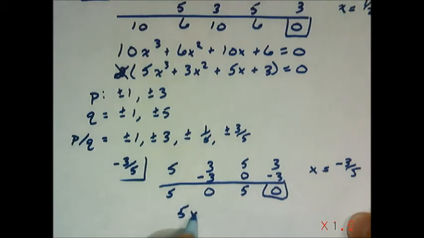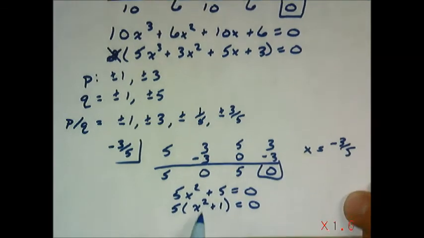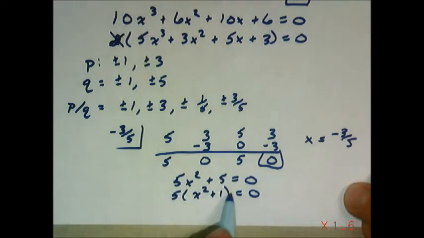So my equation is 5x squared plus 5 equals 0 as my remaining polynomial. I'm going to go ahead and take 5x squared plus 5 equals 0. Well, I can go ahead and factor out a 5. So I get x squared plus 1 equal to 0. Now I'm left with x squared plus 1 equals 0, since I don't have a variable with the 5, so that goes away.